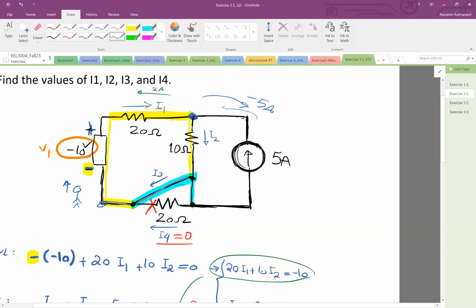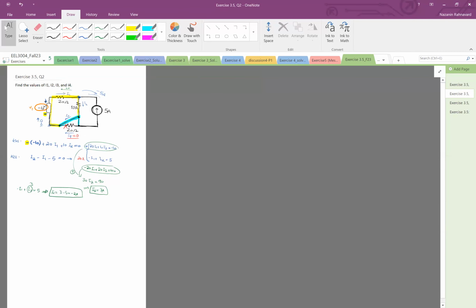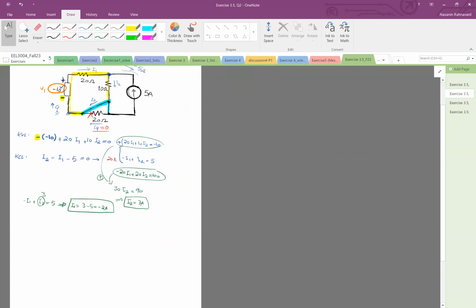This is one way of seeing that. There are different ways, or you can simplify this circuit by removing the 20. If I remove the 20, these are all one node. It continues to that element, this is 20, this is I1, and then we have the 5 amp.